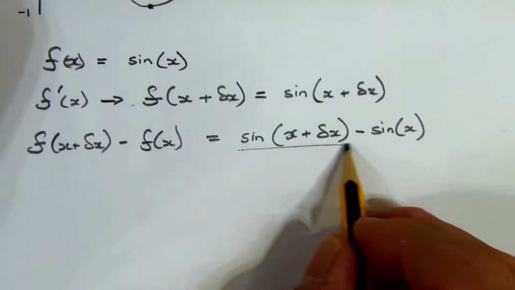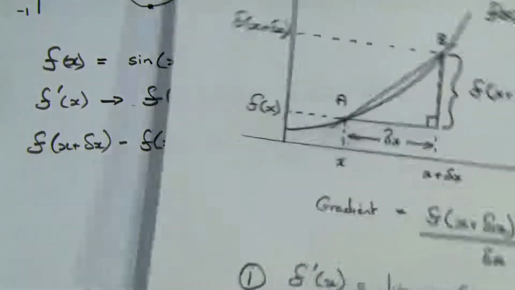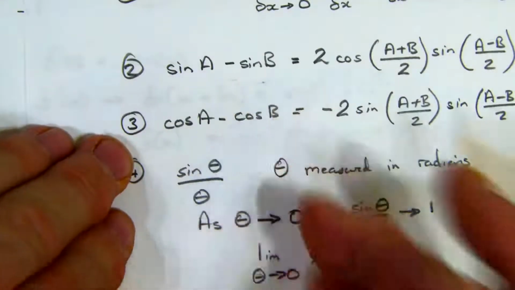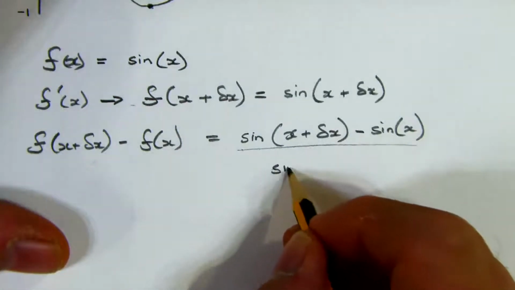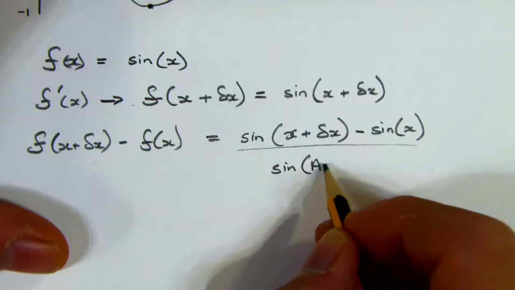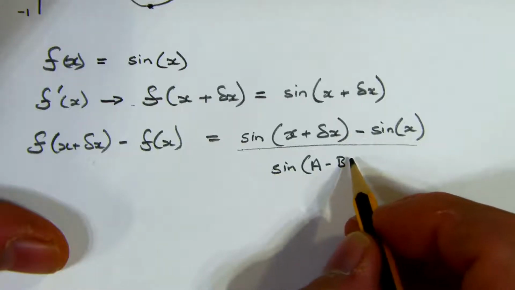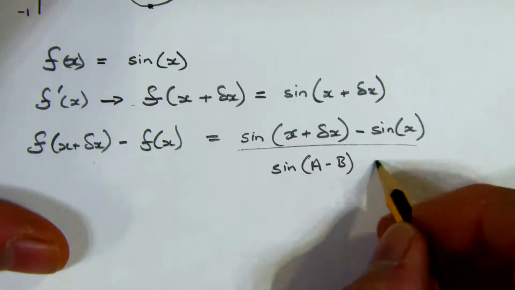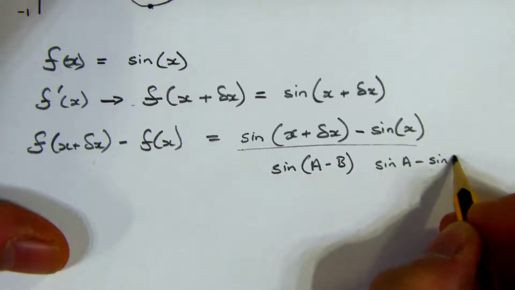Looking at this, this is one of those sine functions that we looked at earlier. We noticed the sine of a minus b. So this is in the form of sine a minus sine b.